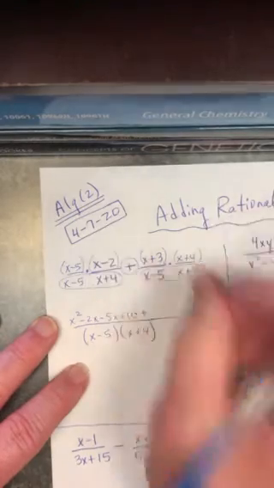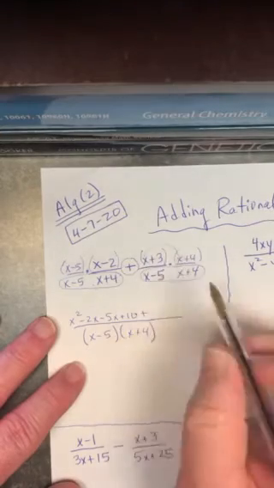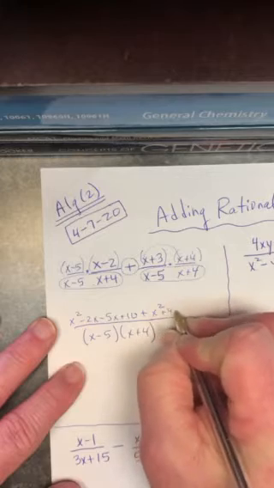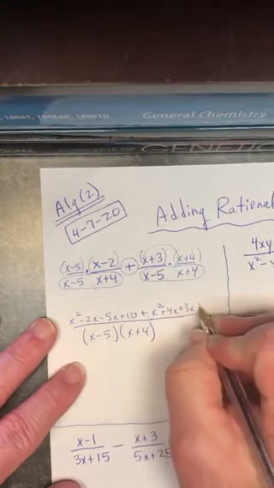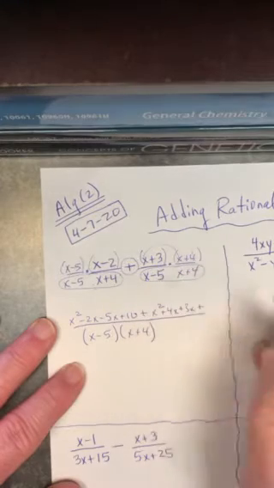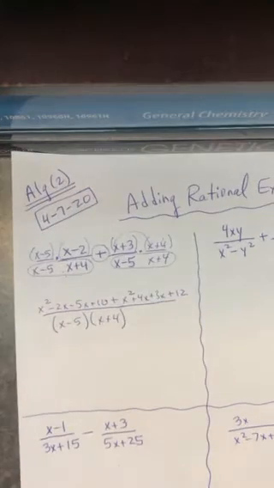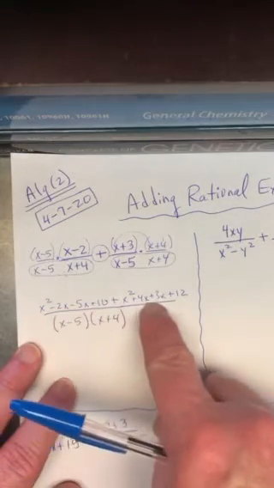Agreed? They have to be multiplied together. So double distributing, x times x, x squared, x times 4 is 4x, 3 times x is 3x, plus finally 3 times 4 is 12. And you can now tell my last step, isn't there a bunch of terms up top?